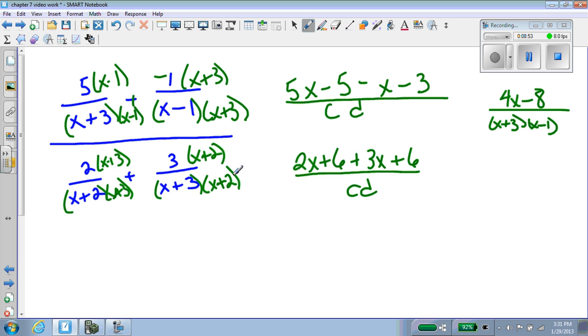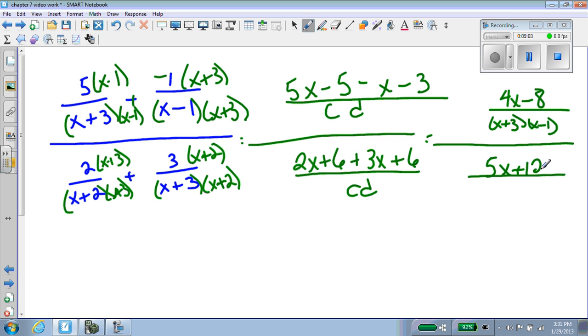I thought that was a 12. Okay, oh, big fraction bar, big fraction bar. So I have 5x plus 12, right? 2x, 3x, 5x, 6, 12 over my common denominator, which was x plus 2, x plus 3.